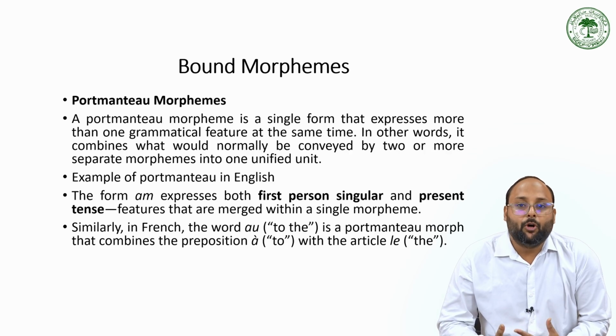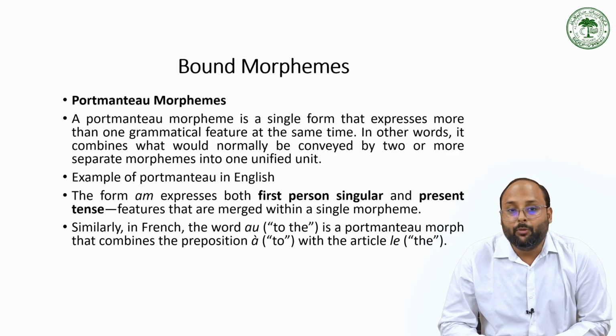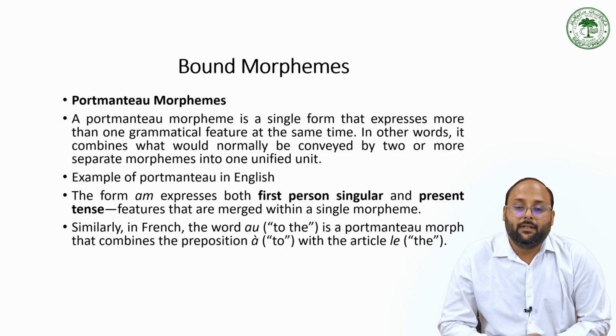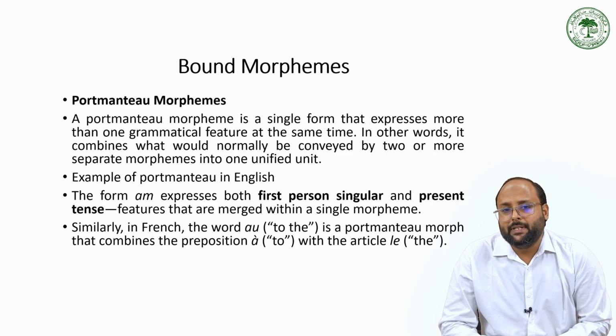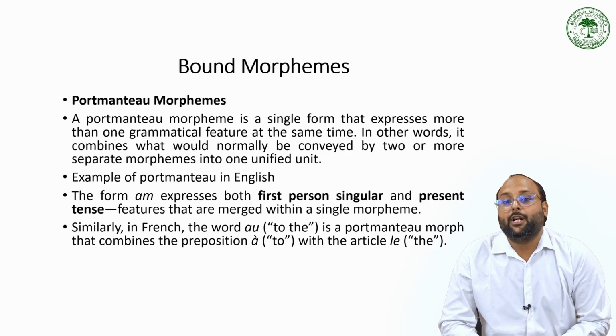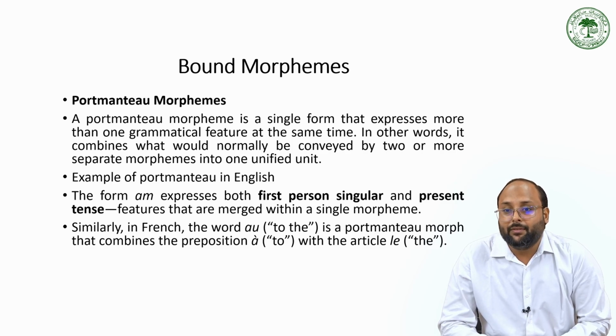The other type of bound morpheme is called portmanteau morphemes. Portmanteau morphemes means a single form that expresses more than one grammatical feature at the same time. In other words, it combines what would normally be conveyed by two or more separate morphemes into one unified unit.